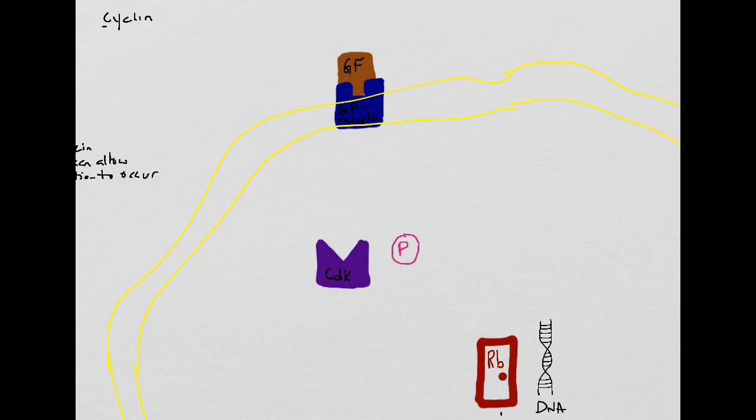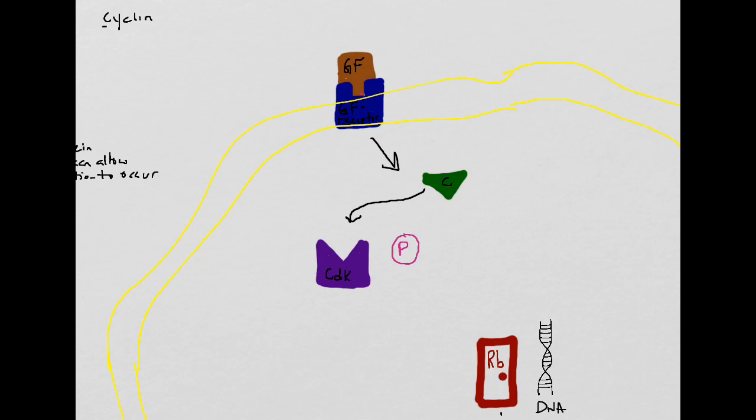When that happens, it will trigger the cell to make cyclin. Okay, so there's our cyclin. And it'll make a bunch of cyclin. The cyclin is going to go to the cyclin-dependent kinase.